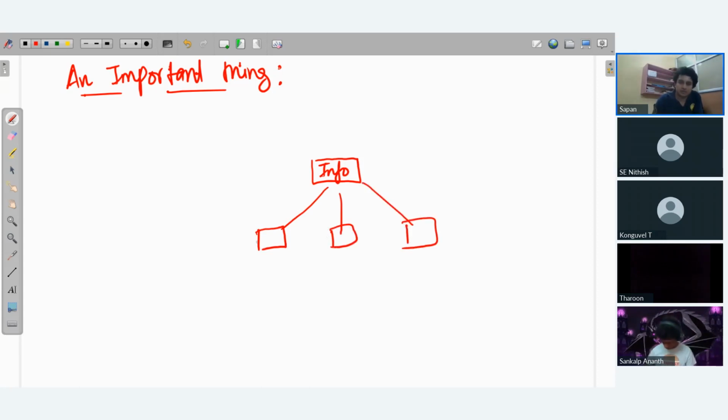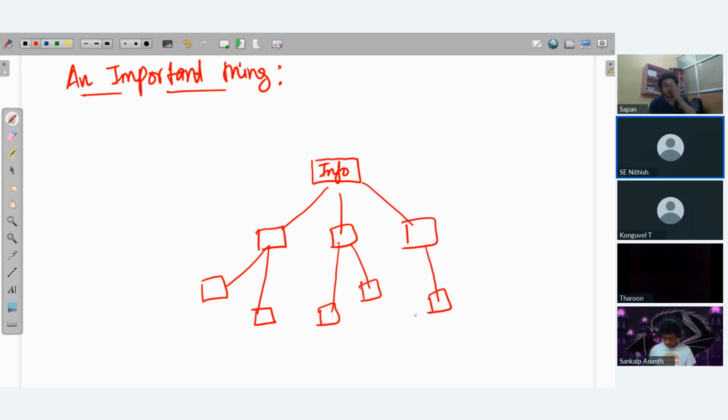Similarly, those informations are also based on some other informations. Likewise, everything is based on other informations. It's like a branch, an encapsulation. It goes on everywhere.